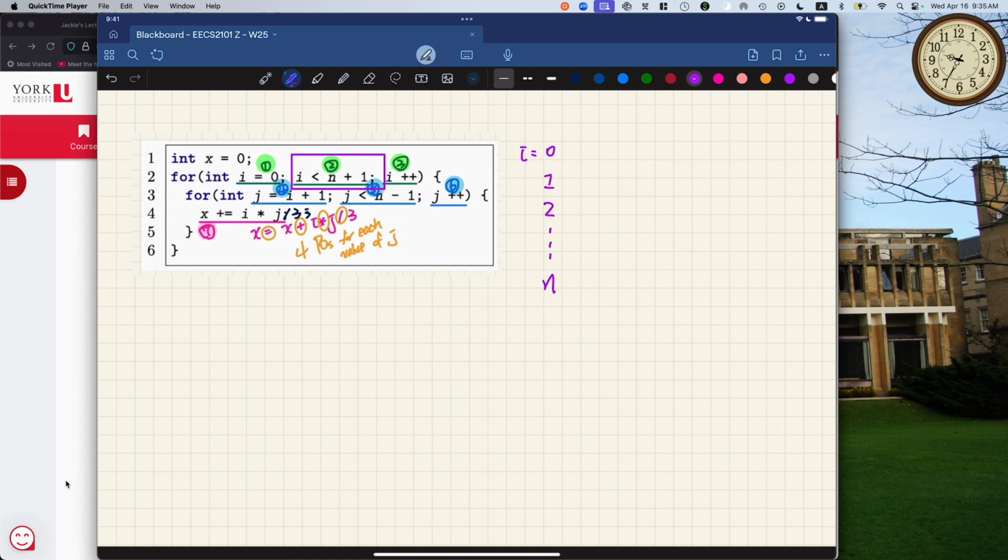These are all the values where you're going to get the true value. And when you eventually get to n plus 1, that one is going to give you the false value. So how many times are we evaluating that expression? We go from 0 all the way to n plus 1, so it would be n plus 2.